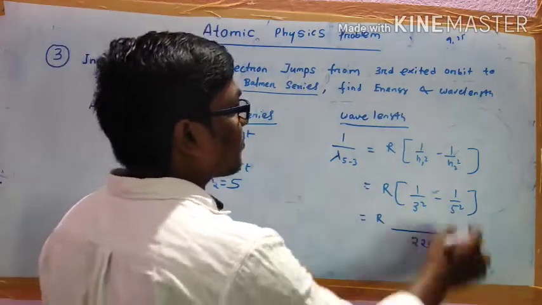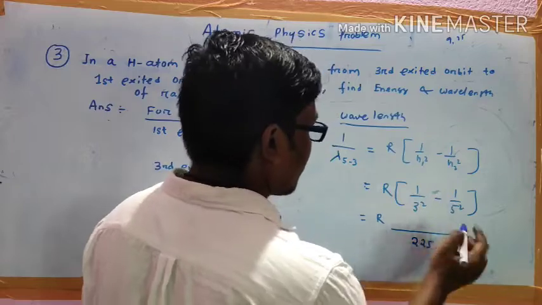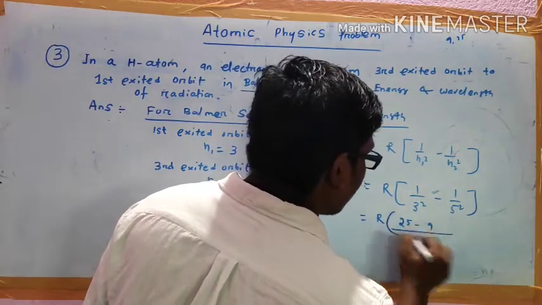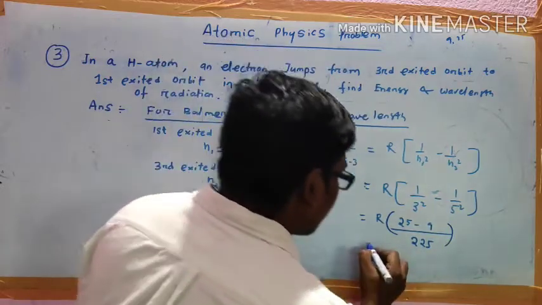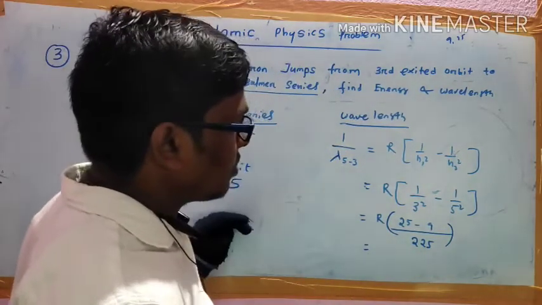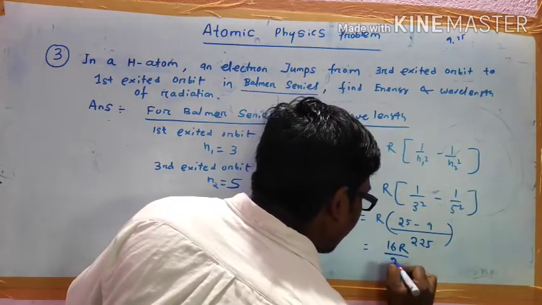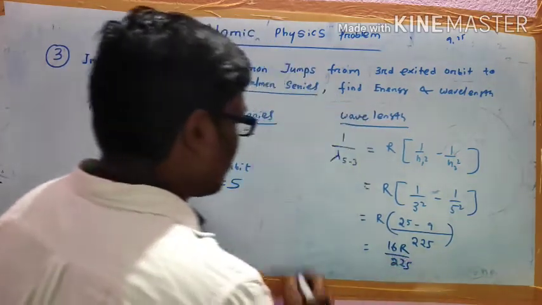Okay, this becomes 25 and this becomes 9. So this is equal to 16 R by 225.